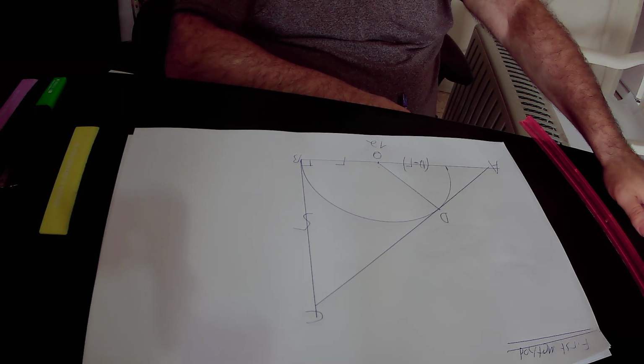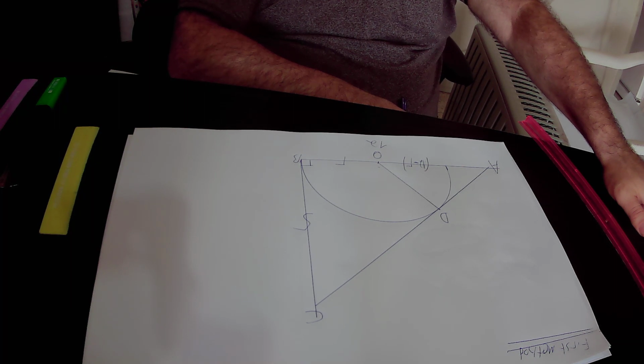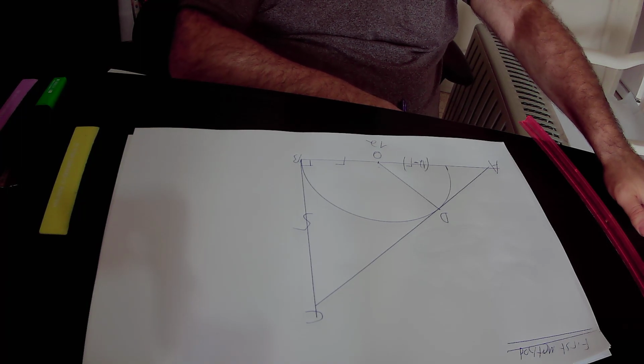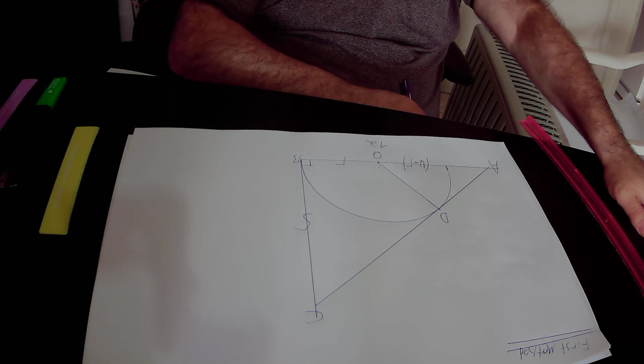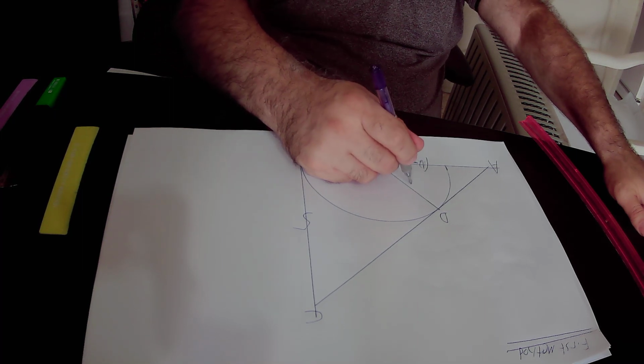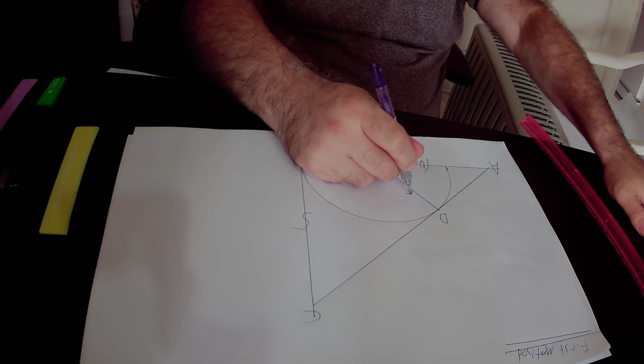Actually, line segment OD is the radius of the semicircle because OD starts from the center of this semicircle, that is point O, and ends at point D, a point of the semicircle itself. Therefore, OD is the radius of this semicircle, that is to say it equals R. Okay?